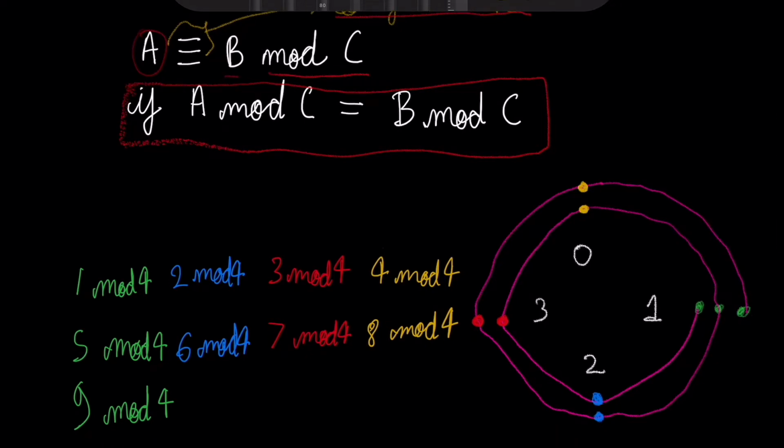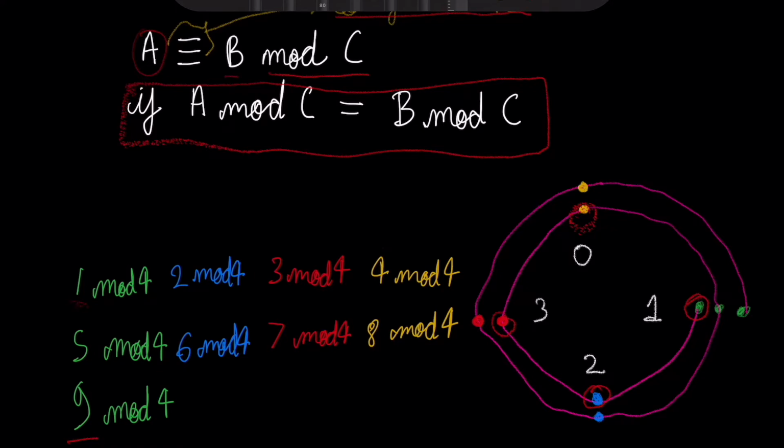Here I have the numbers from 1 to 9, and I've taken the mod 4 of each of these. 1 mod 4 is 1, 2 mod 4 is 2, 3 mod 4 is 3, and 4 mod 4 is 0.